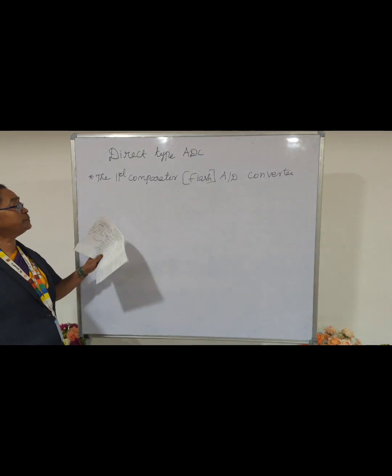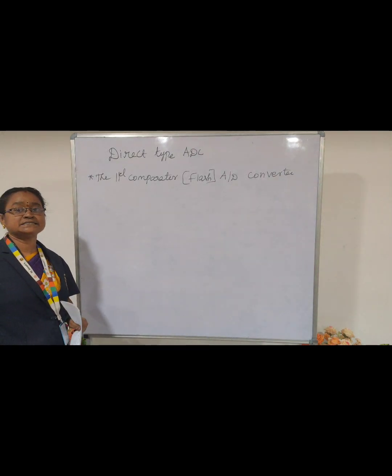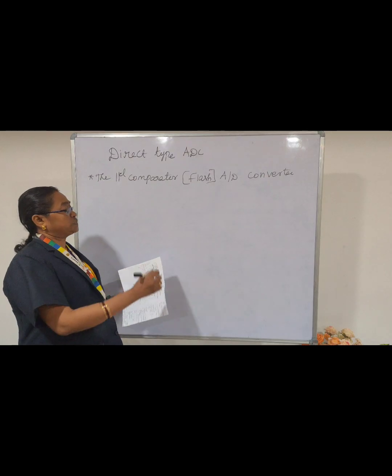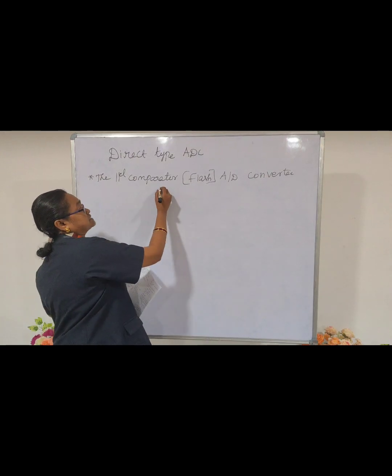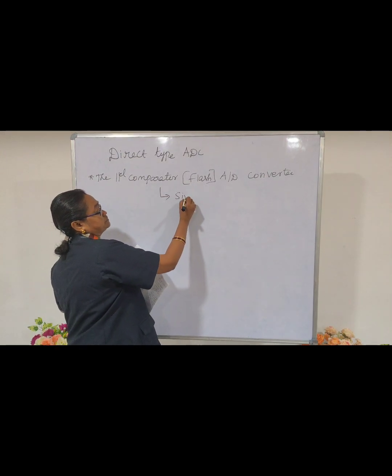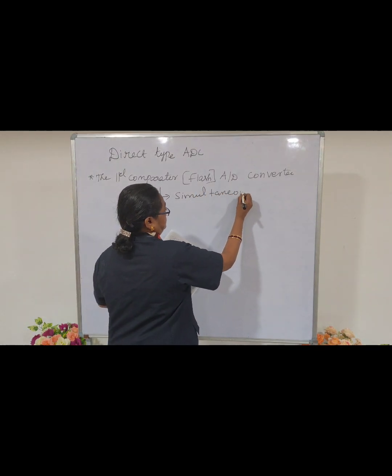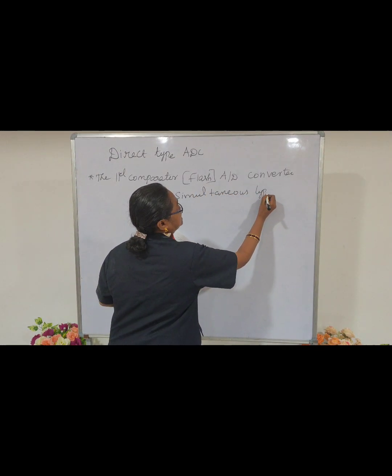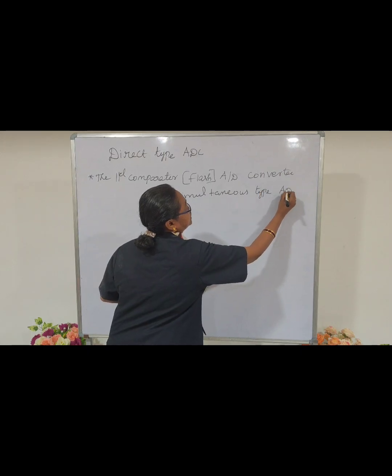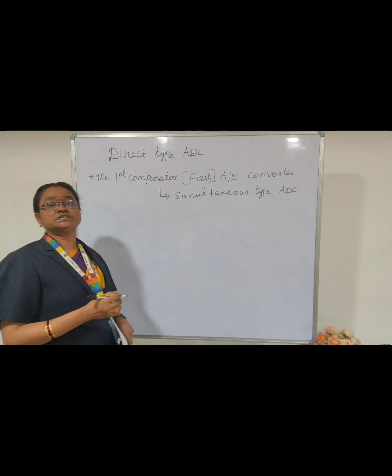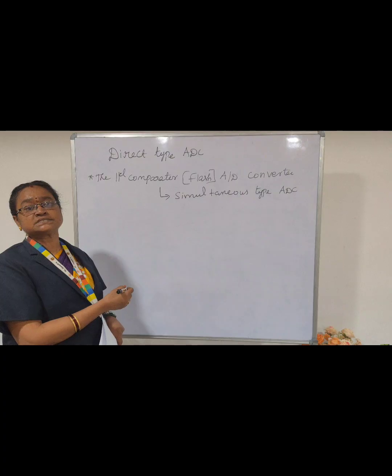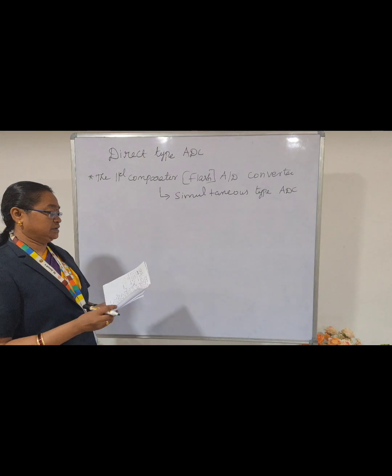Now we are going to see the parallel comparator flash ADC converter. We can see this is simultaneous type. Simultaneous type ADC, because all the comparators work simultaneously.